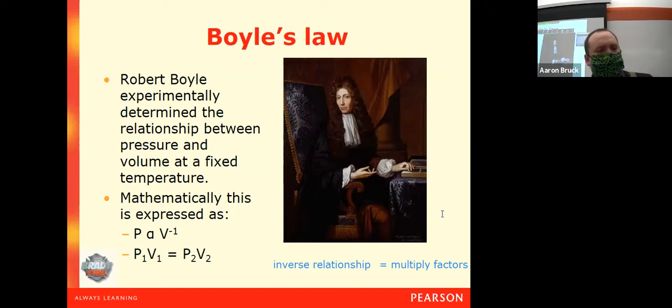So these little ones and twos indicate a set of conditions. The pressure times the volume at the first condition, let's say like right now, is going to be equal to the pressure times the volume at a new set of conditions.